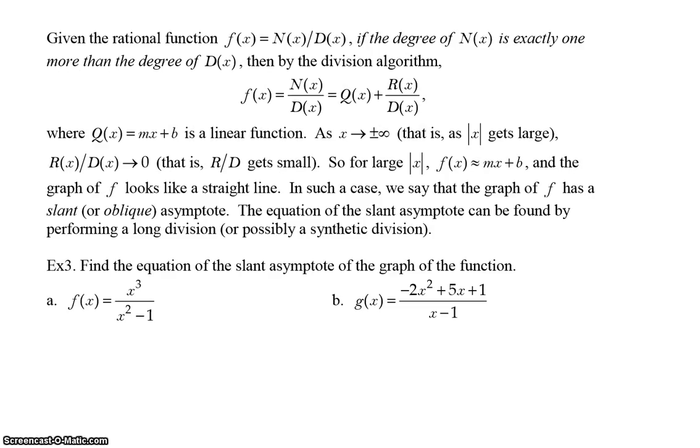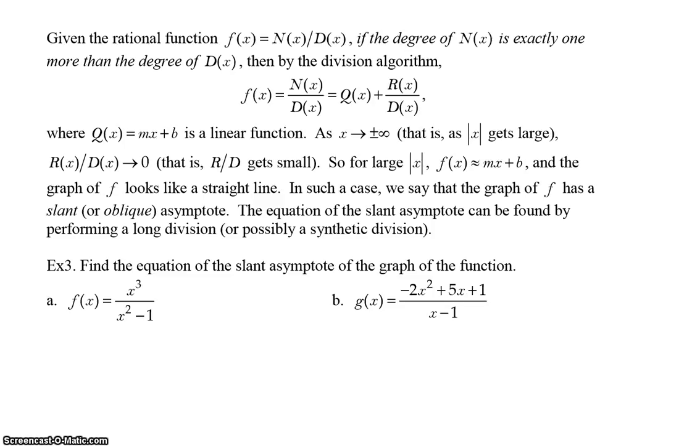We now turn to consideration of the third type of possible asymptote for a rational function. That's a slant or oblique asymptote. Given the rational function f of x equals n of x over d of x, if the degree of n of x is exactly 1 more than the degree of d of x, then by the division algorithm, f of x can be written as q of x plus r of x over d of x, that is, as quotient plus remainder over divisor, where the quotient must be a linear function.